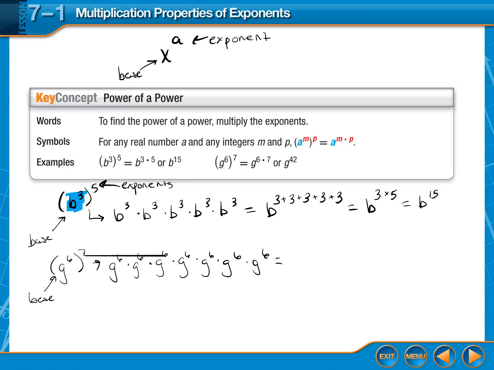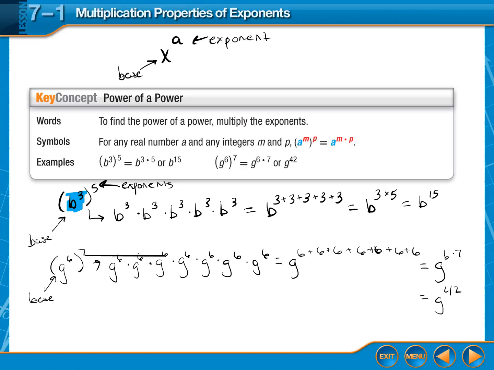So if I write out g to the 6th 7 times, well then that's the same thing as adding 6 together 7 times. Or I could have just done 6 times 7 and gotten g to the 42nd power.